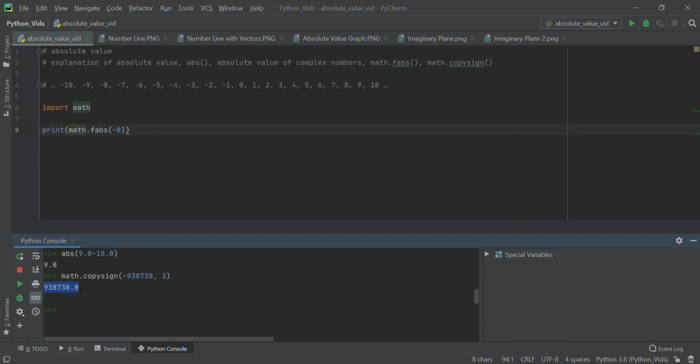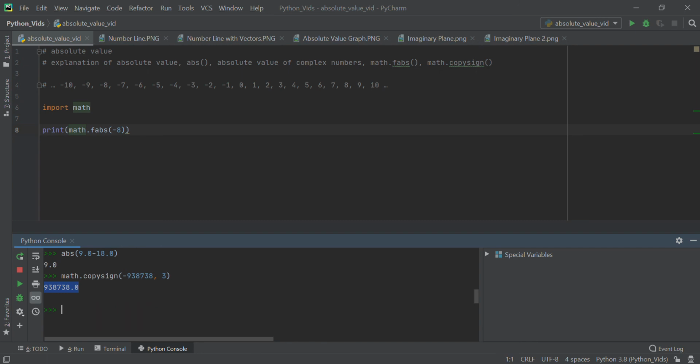If you look at the documentation, with the link to which is, as always, in the description, it'll tell you that math.copysign(x, y) is going to return a float value with the magnitude that is the absolute value of x, but with the sign that is the positive or the negative sign of y.